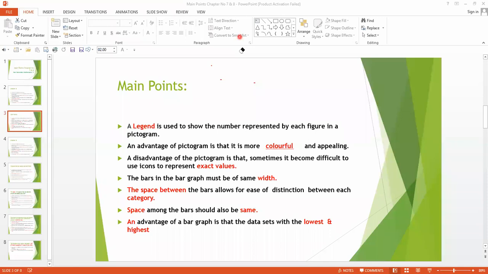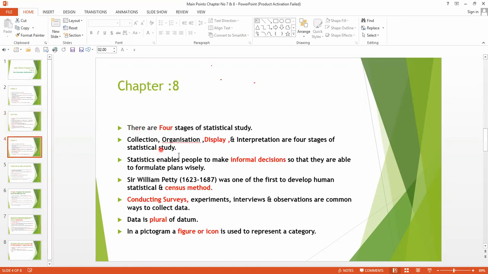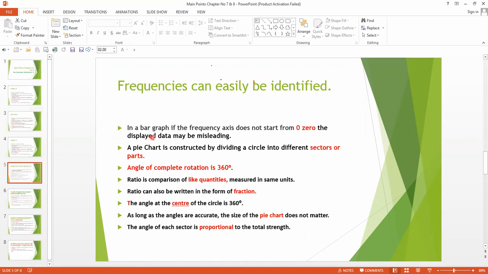Now we have to move towards the next point. In these points we have already discussed. Now, in a bar graph, if the frequency, in mathematical language frequency is used, and in normal English we say the number, if the frequency axis does not start from 0, the displayed data may be misleading. Always remember that you have to start the data with 0.